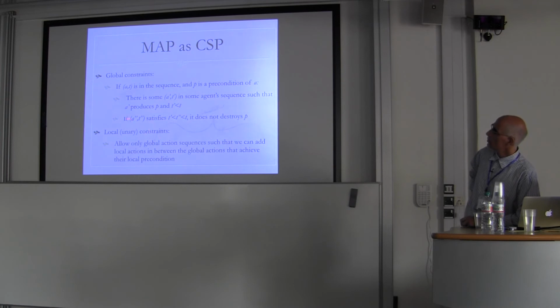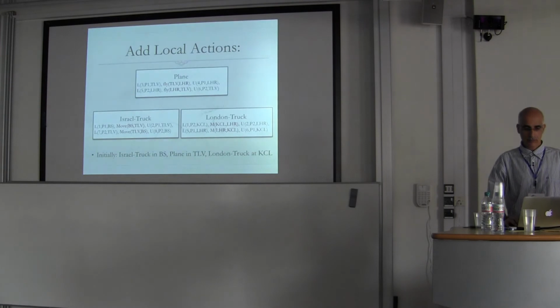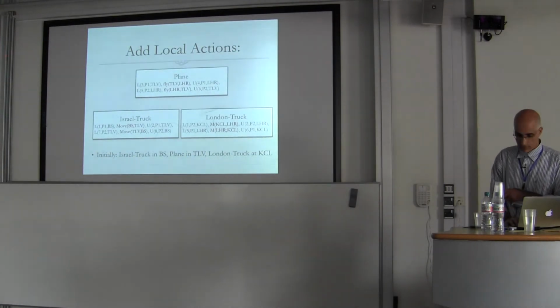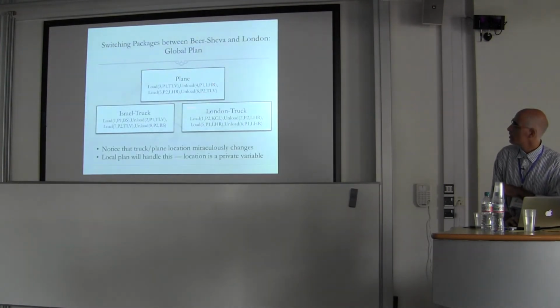And the local constraints are only constraints on the sequences themselves. They're called unary constraints because they do not involve the actions of the other agents. The local constraint is that we allow only global action sequences such that we can add local actions in between the global actions that achieve their local preconditions. So this is a solution.